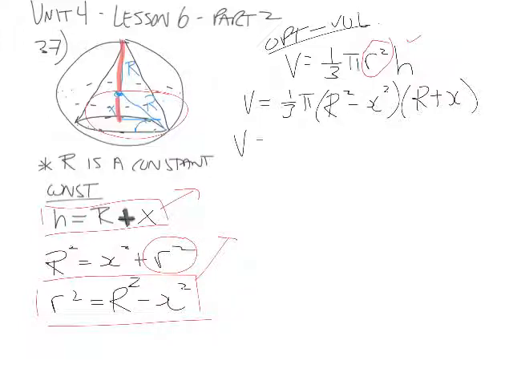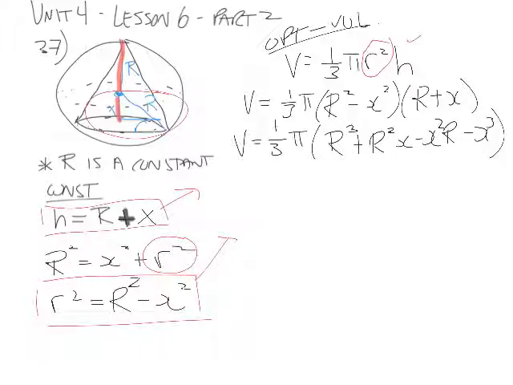I'm going to clean that up. I'll have to use FOIL, or the distributive law here, so I'm going to end up with R cubed plus R squared x minus x squared R minus x cubed. Now I just have the power rule. I'll take the derivative of the volume with respect to x.